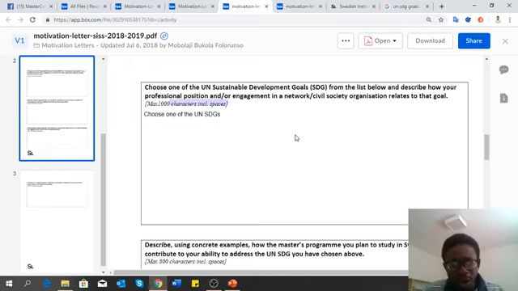Select what you want. They want to know how your work experience, or your network or NGO or civil society involvement, has helped improve your country's ability to achieve a UN SDG.